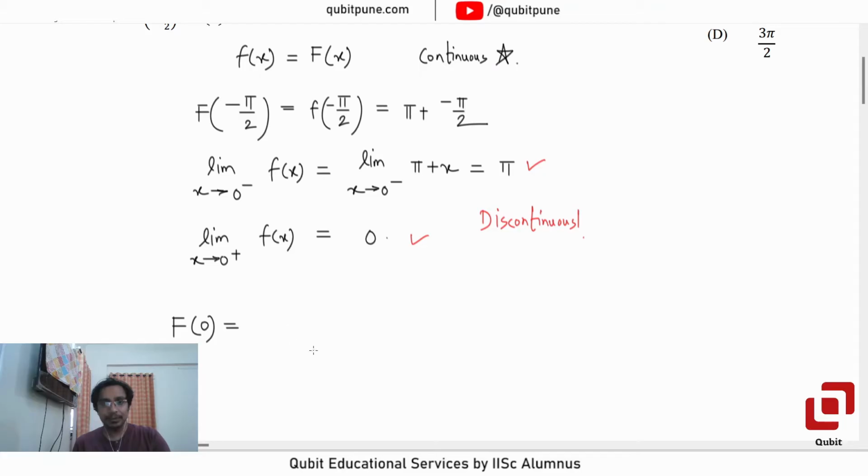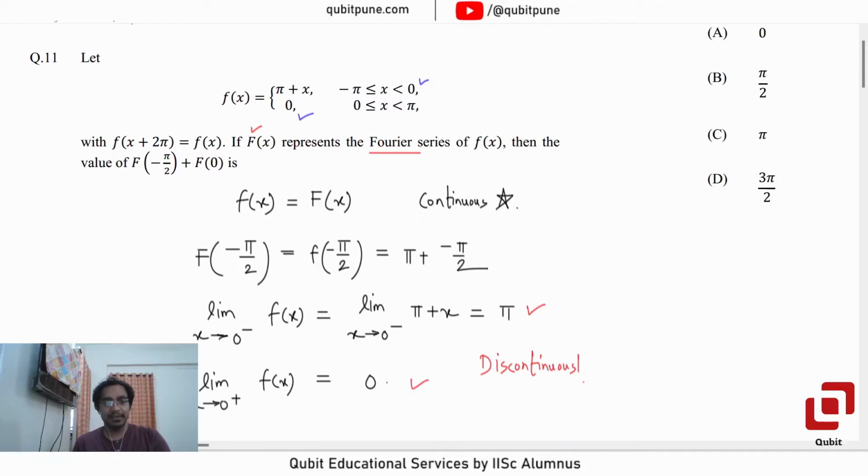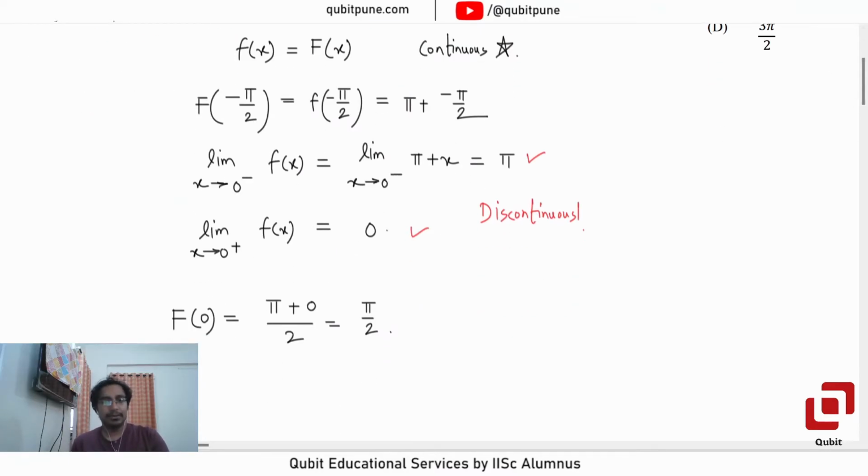The left hand limit is pi, the right hand limit is 0, so that's pi by 2. Had we directly substituted the function's value, that is 0, we would not have got the correct answer.